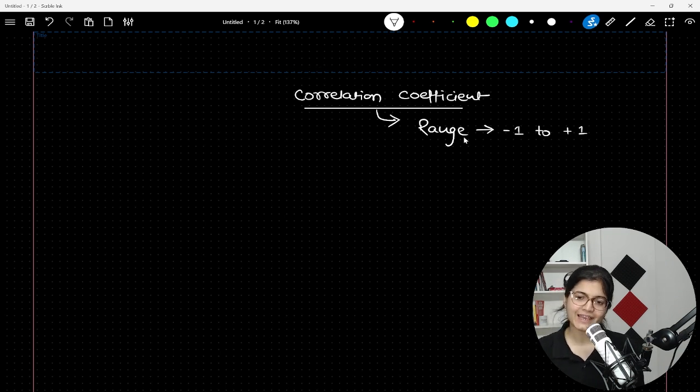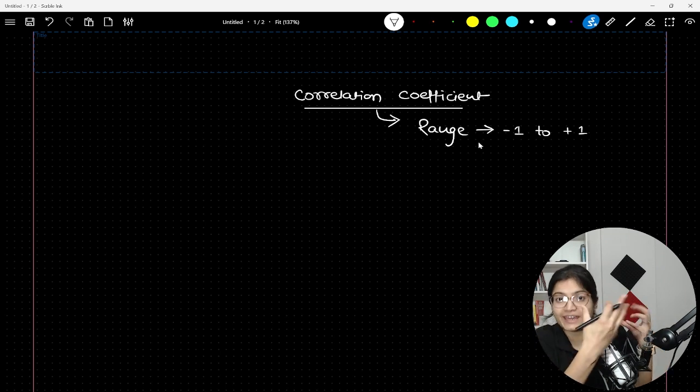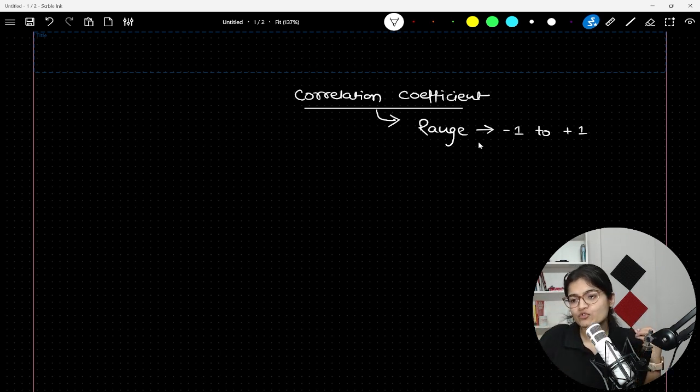Now, when I say two features are highly correlated, it simply indicates that their value is approximately equal to -1 or approximately equal to +1. Both indicate that the two features in the given data are giving a similar kind of information to the model to predict whether the person is diabetic or not.